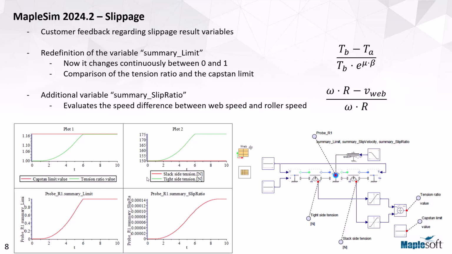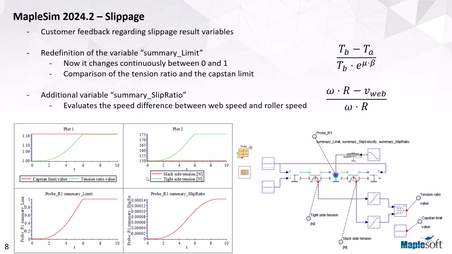A second summary variable called slip ratio is also now implemented in these rollers. It's also based on an evaluation criterion of a customer, and this variable defines the slip ratio based on the difference of the speed.